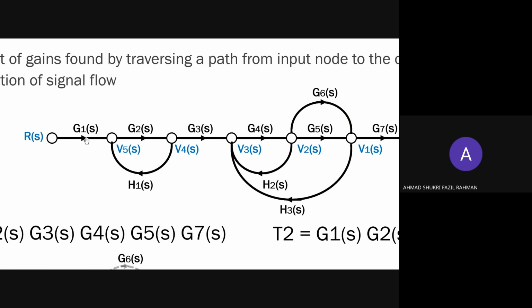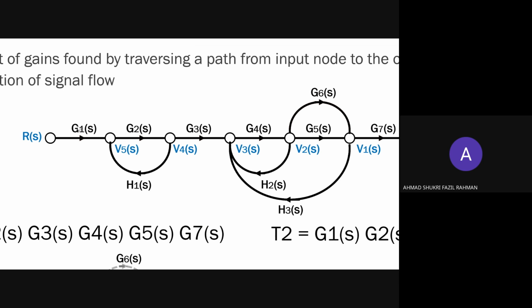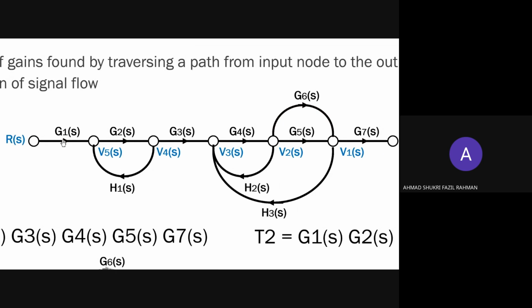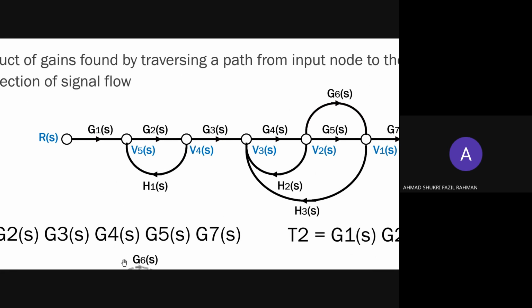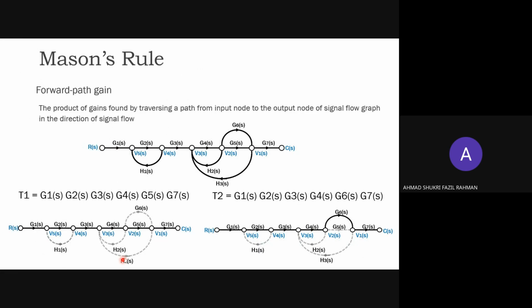So you need to follow the direction of the system path. Starting from the input node, it will eventually reach this output node. Okay, so that describes the definition of the forward path.